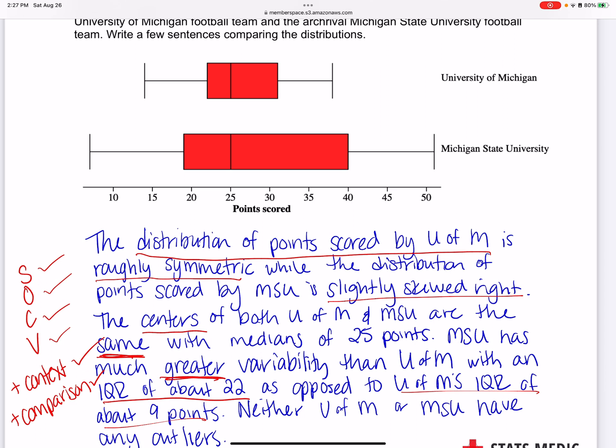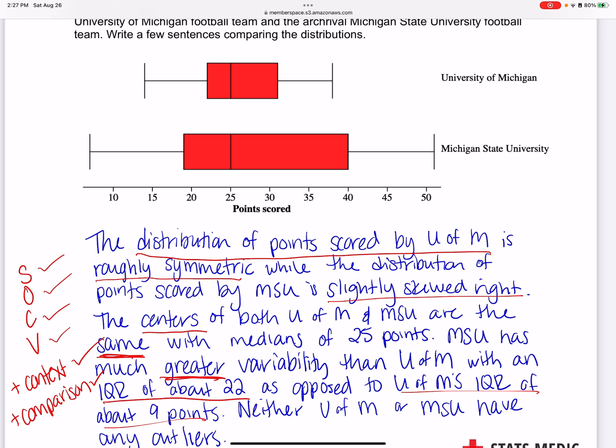So we're pretty good with calling this fairly symmetric. The Michigan State one, I am going to call it slightly skewed to the right because, as I said, if you called it fairly symmetric, it'd be okay, but it's better if you call it slightly skewed to the right. But the University of Michigan one, you can see, is a little bit skewed to the right, but it's pretty symmetric.